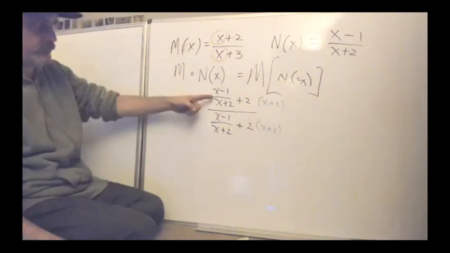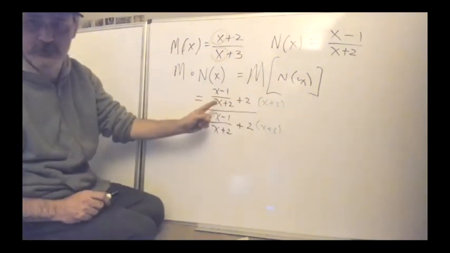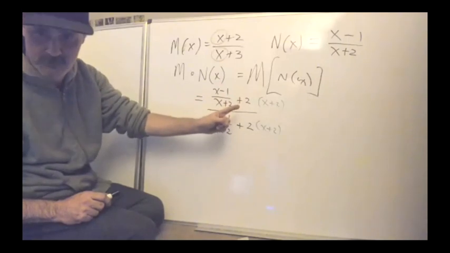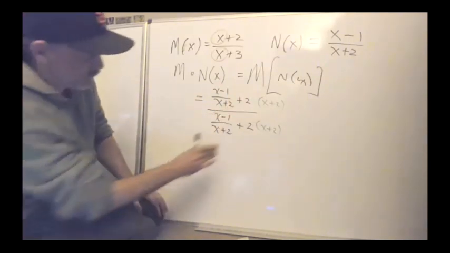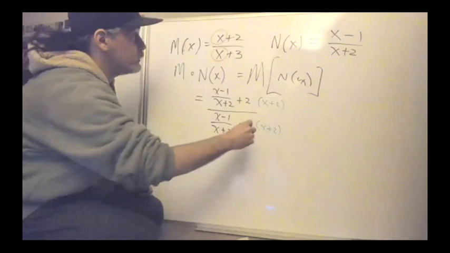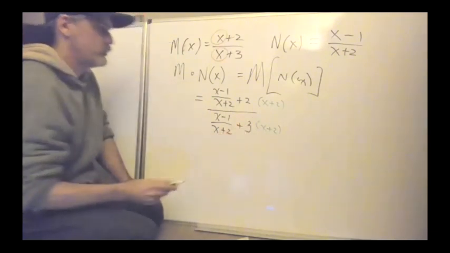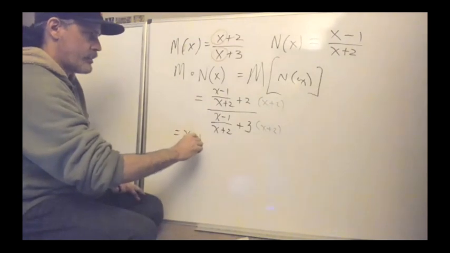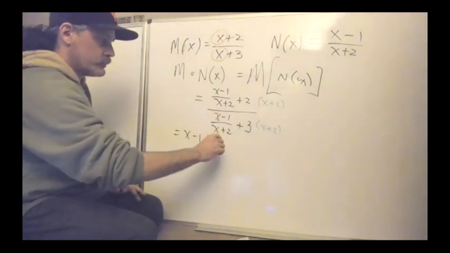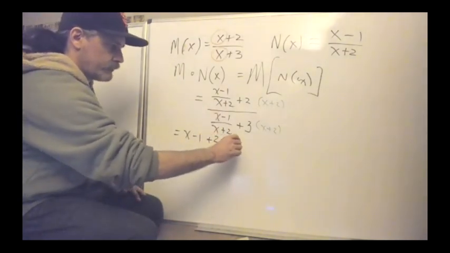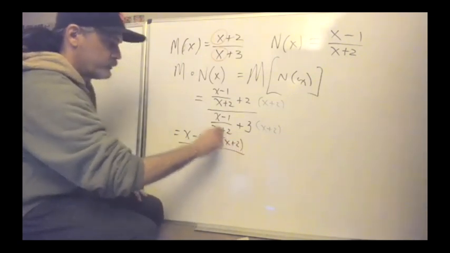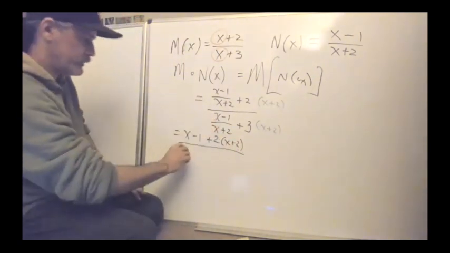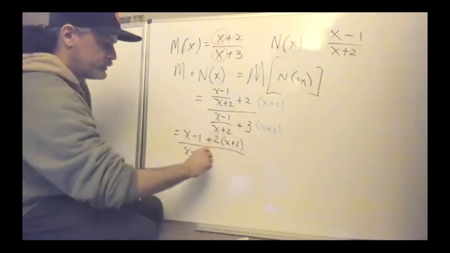All right, so here you're going to remember the distributive property. This plus the fraction then times it should be 3. Okay, so then X minus 1, and then 2 times, I won't try to go too fast. And then on the bottom, again, X minus 1, and then 3 times.